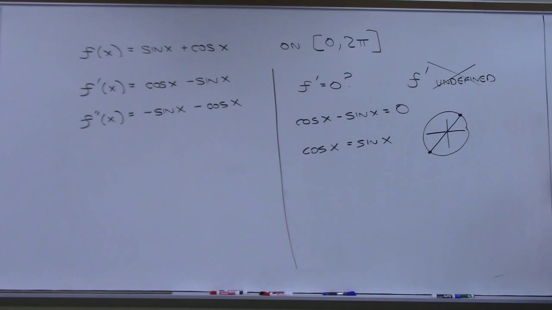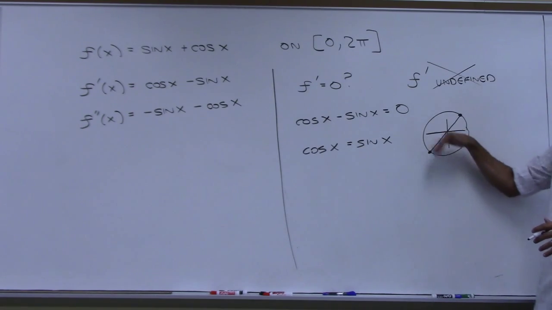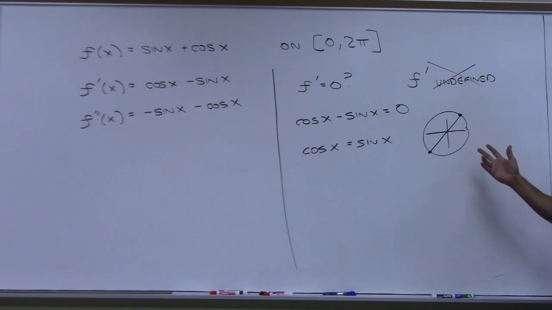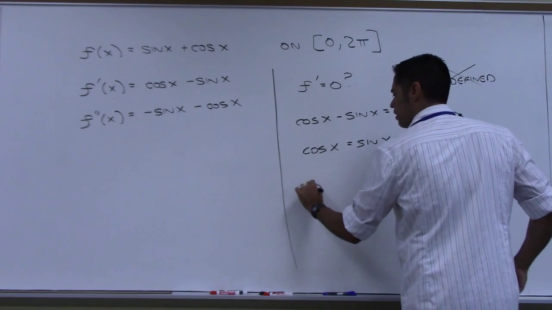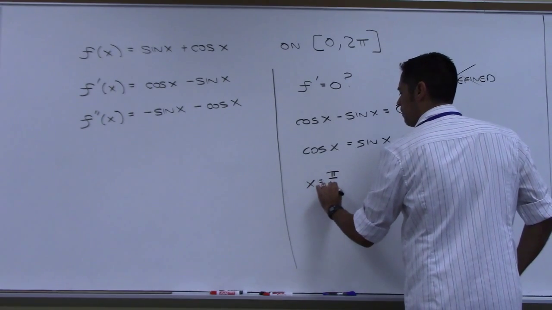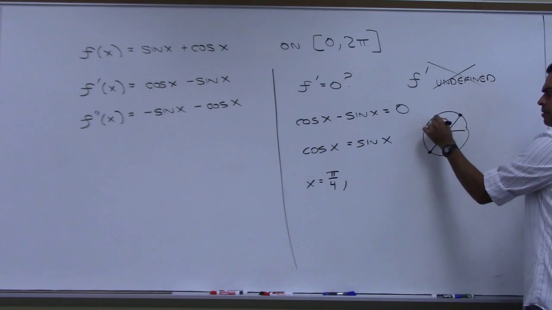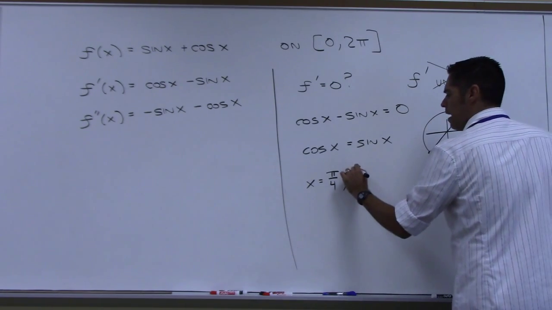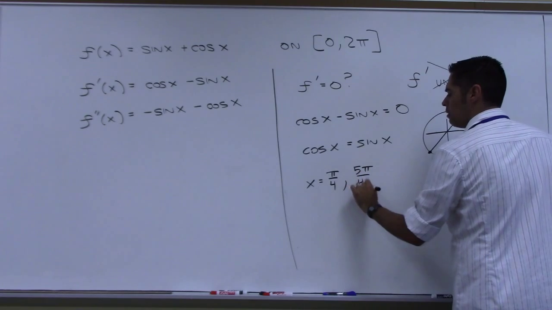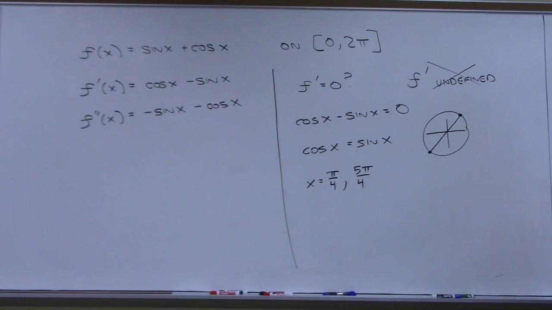Those are the only two places between 0 and 2 pi where that happens. So the two solutions are pi over 4 and 5 pi over 4. You can count your way around: pi over 4, 2 pi over 4, 3 pi over 4, 4 pi over 4, 5 pi over 4.